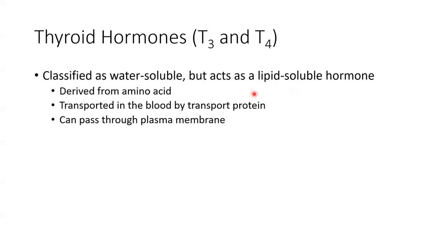Our thyroid hormones are derived from tyrosine, which is an amino acid, so they are technically water-soluble hormones. But in saying that, they are transported in the blood by a transport protein, and they can diffuse directly through the plasma membrane and bind to receptors on the inside of their target cells. So I just want you to be aware we have these two different classifications, but there is this one exception.